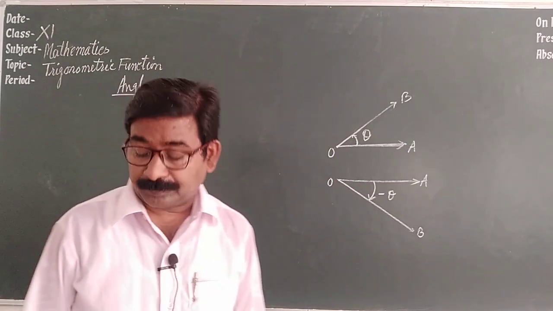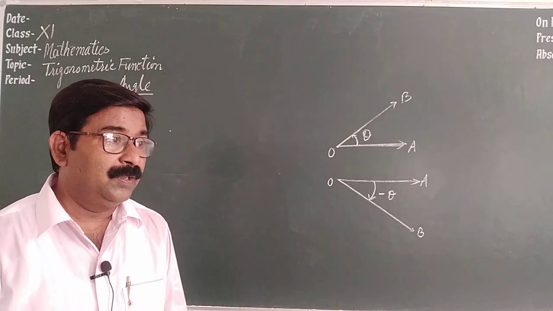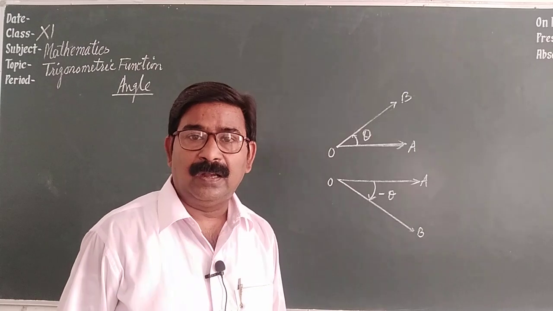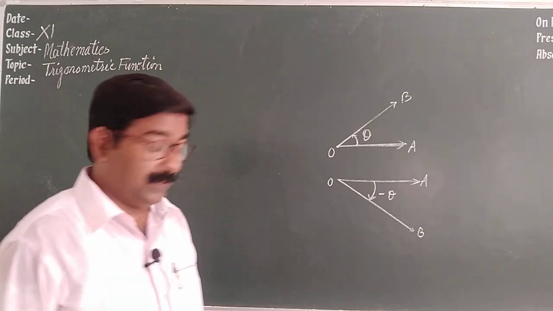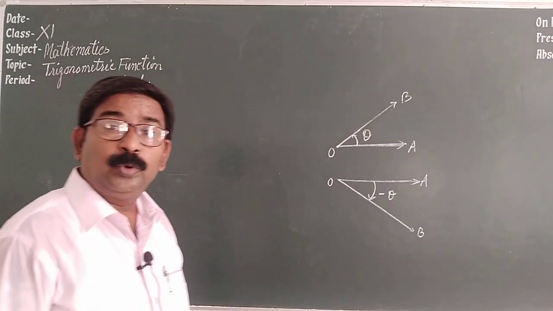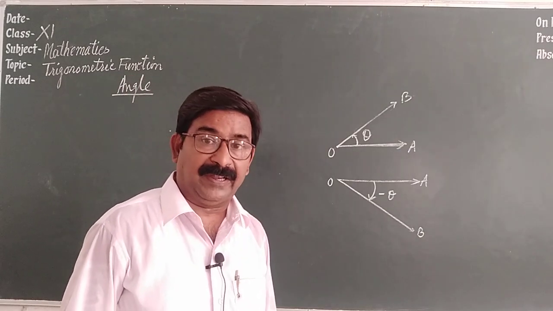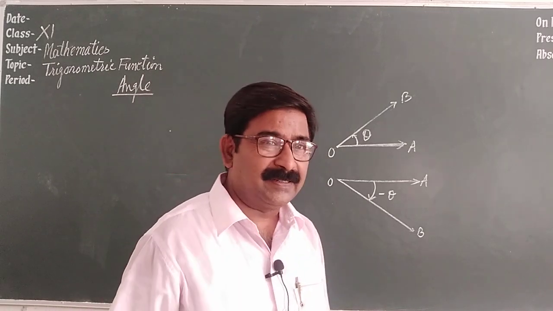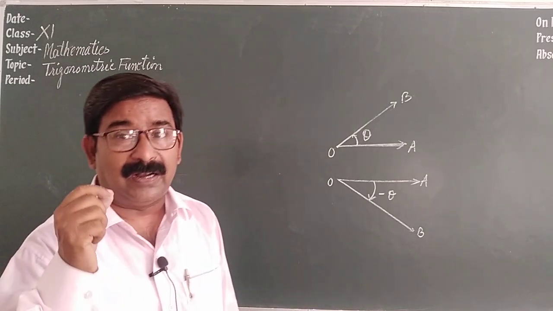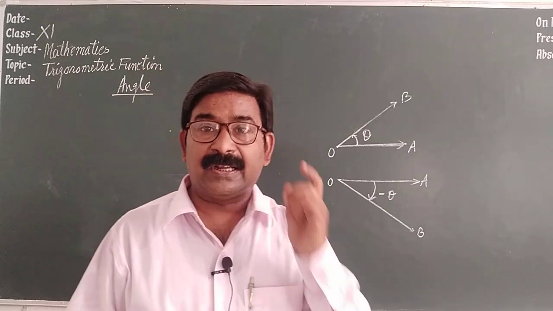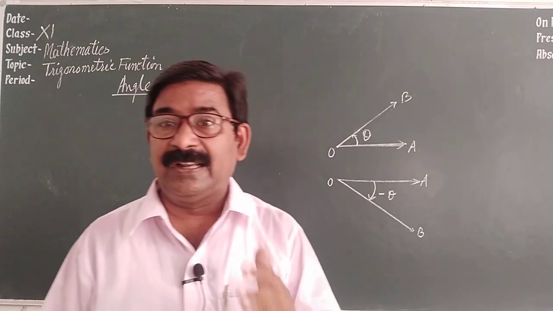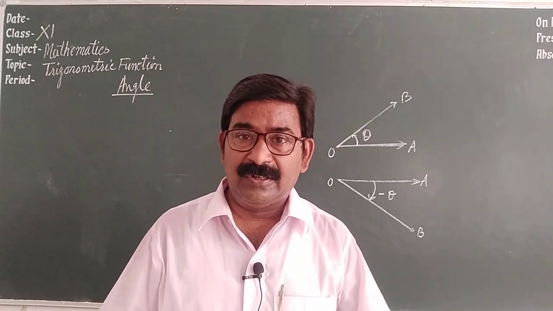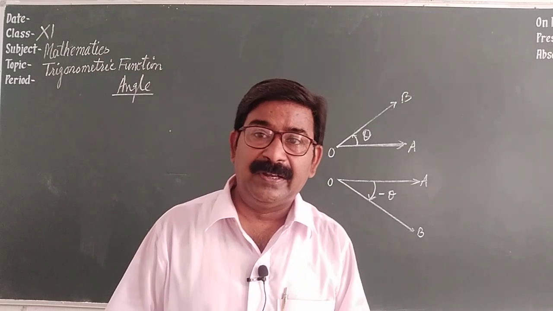Got it? Now, let's see how we measure the angle. We have 2 systems of measurement of angles. If in the previous classes up to class 10th you were asked what is the least count of angle, meaning the smallest unit of angle, you would simply say degree.